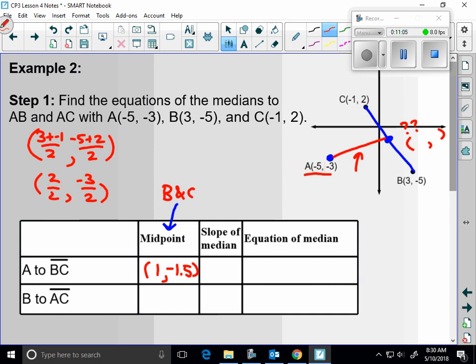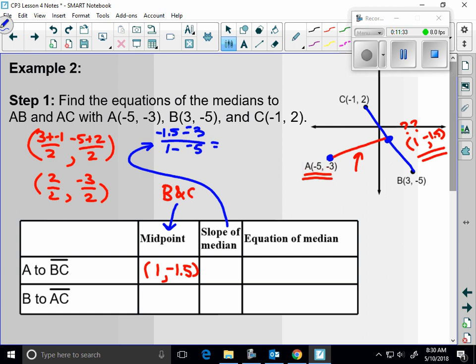Well, now I'm going to take the slope between A and this midpoint, which is 1, -1.5. Okay, let's find the slope between those 2 points. So y minus y would be -1.5 minus a -3 over 1 minus a -5.